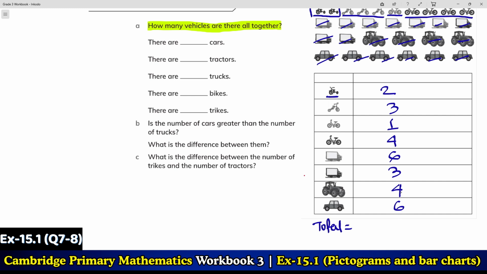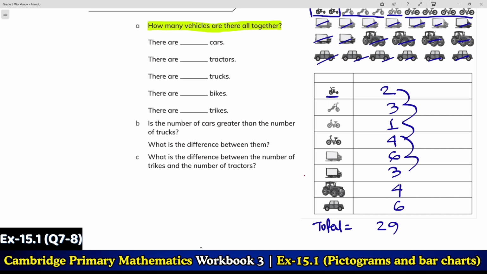6 plus 4, 10, plus 3, 13, plus 6, 19, 4, 23, 24, 27 and 29. Let's check again. 2 plus 3, 5, 6, 10, 12, 15.